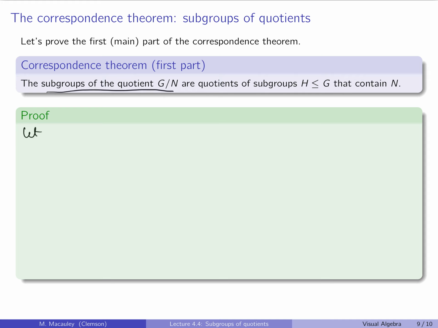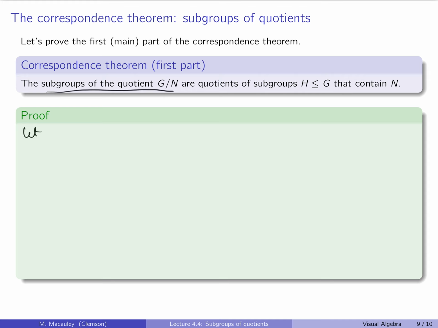And S is some set of cosets of the form Hn, where H is in some set. This is a subset of G, and we have to show that this is actually a subgroup.